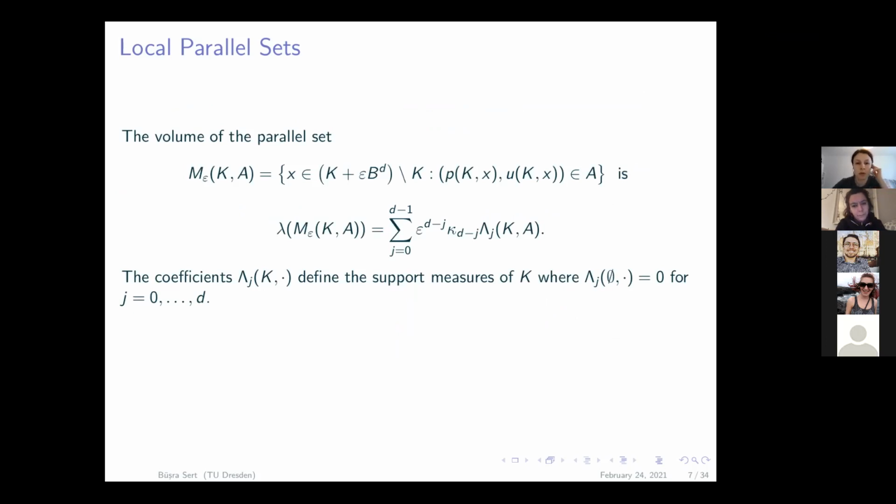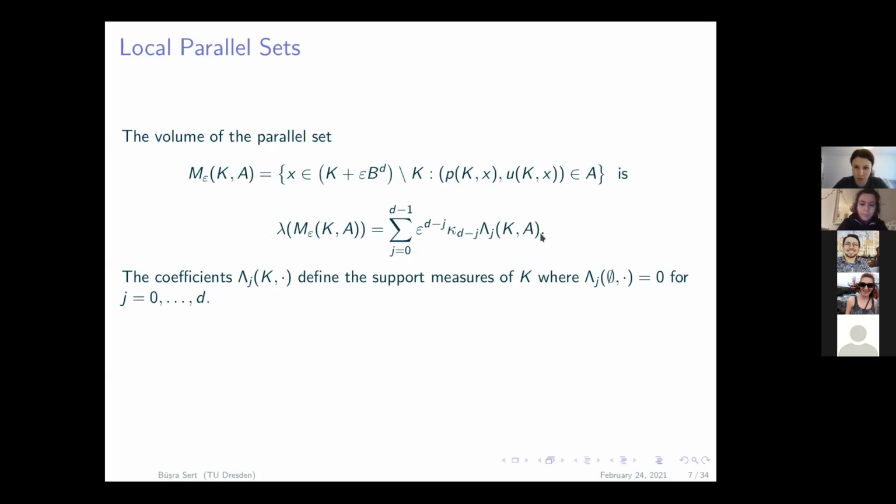From the volume of this local parallel set, we obtain a definition of something analogous to intrinsic volumes. On the left-hand side, we have the volume of the local parallel set, and on the right-hand side, we have this polynomial. The coefficients lambda j of this polynomial are called support measures.